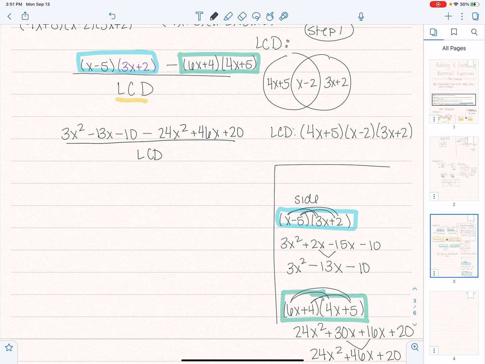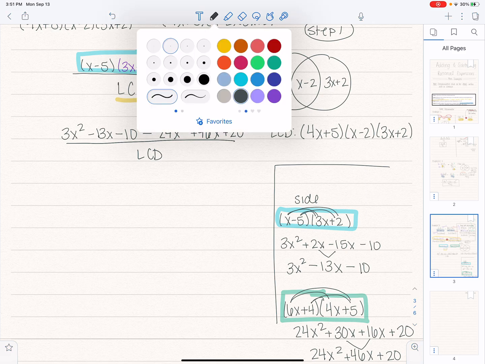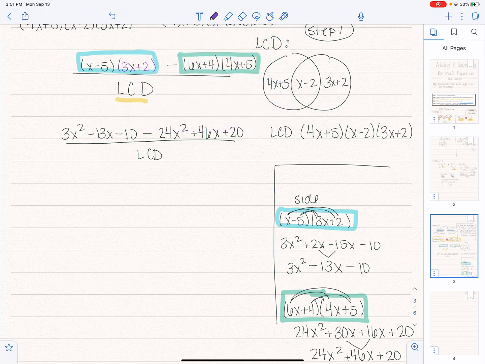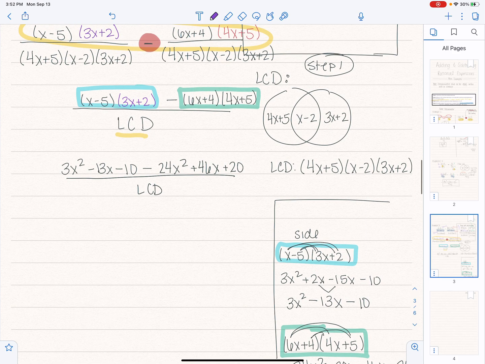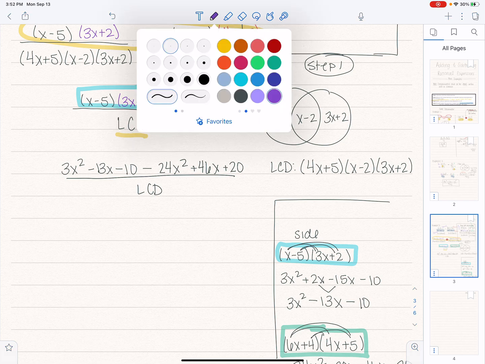All right, so now I'm looking for a whole bunch of like terms to combine. So I'm going to try to do this with some colors or boxes and circles to make this a little bit easier to follow. I almost forgot.